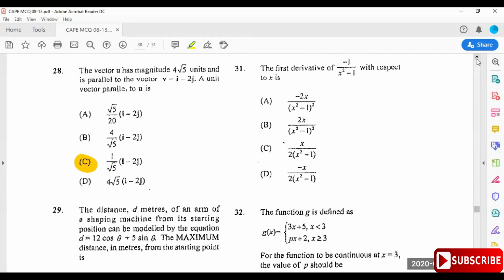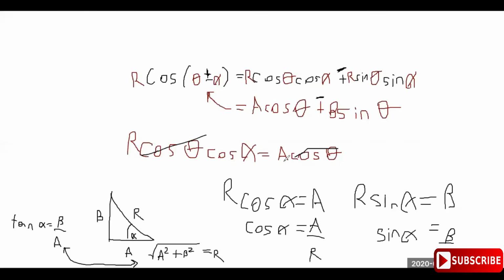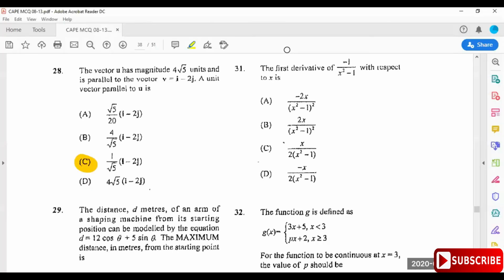Now this question asks us for the first derivative of -1 over x squared minus 1. So you can rewrite that as -1 times (x squared minus 1) to the -1.